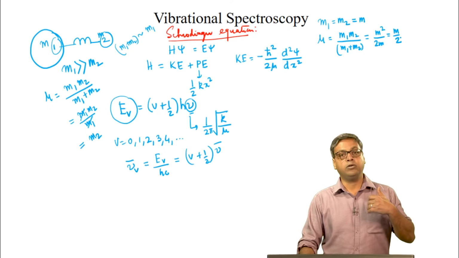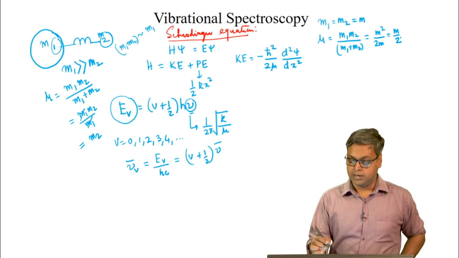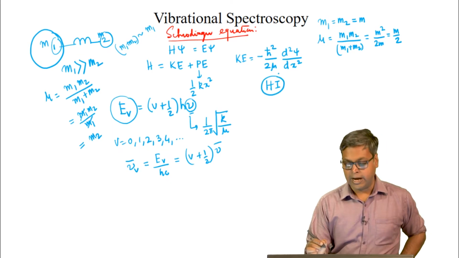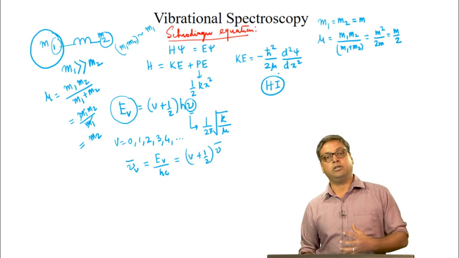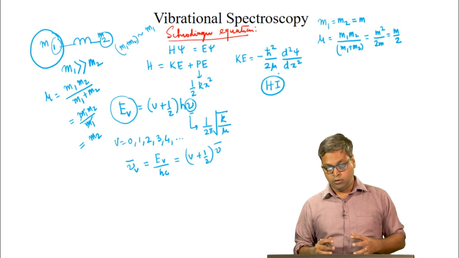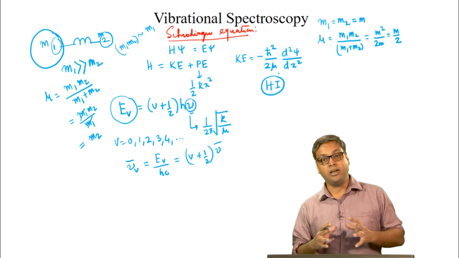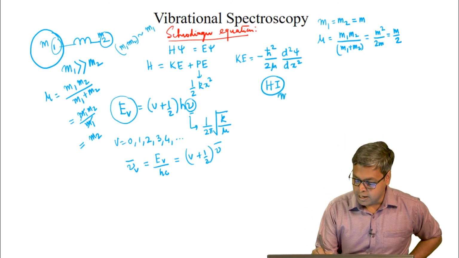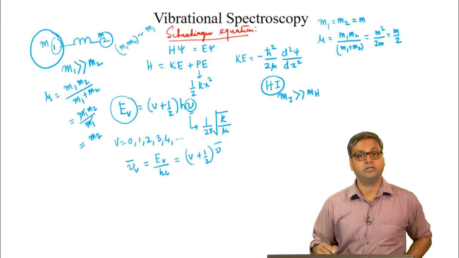But for a heteronuclear molecule, let us say we have a molecule like HI, where the atomic weight of iodine is much larger than hydrogen. So, the mass of iodine is much heavier. In that case, we can write Mi is much greater than Mh.